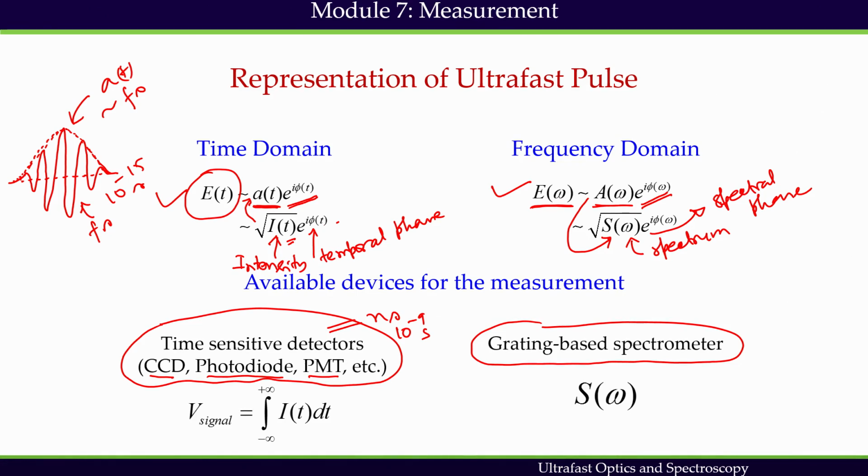So, if we try to measure anything faster with a slow detector, we end up with getting this. This is nothing but total energy content in the pulse. So, this integral is what we measure with a slow detector.